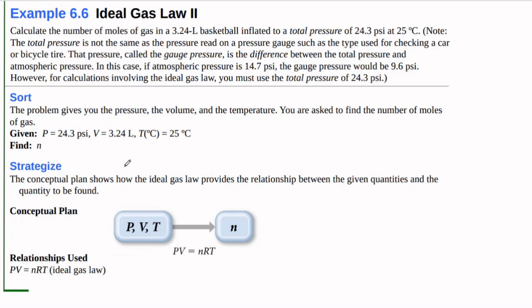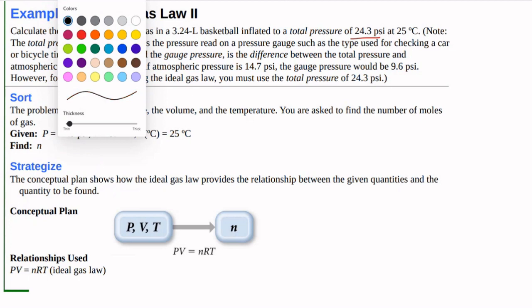So if your tire pressure is, let's say 10, then your total pressure would be 24.7. So you've got to remember that you've got to add atmospheric pressure to the gauge pressure if you're doing these problems in real life. But for our example here, we were given the total pressure, which is 24.3 psi.